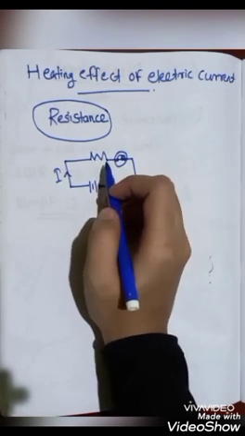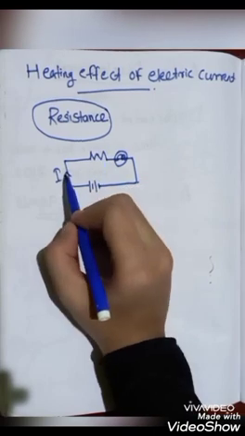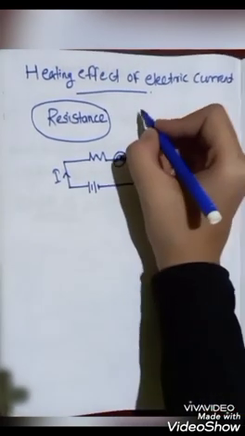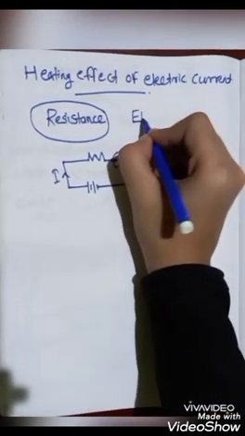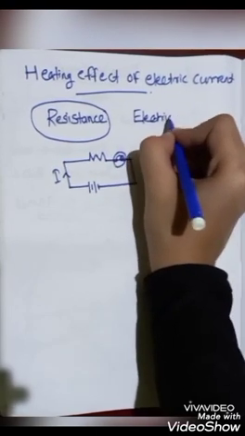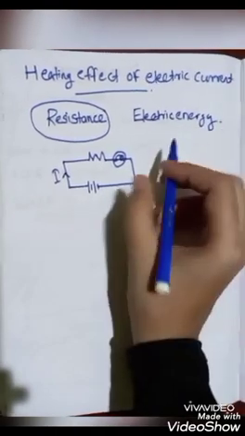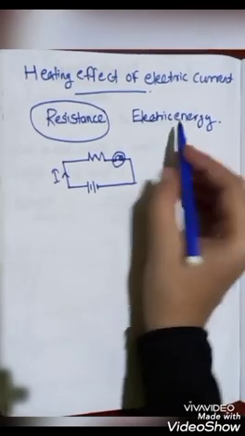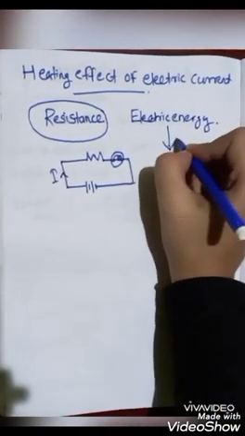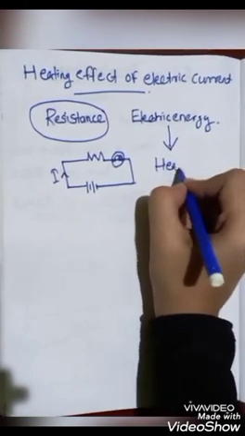How is it blocked? This electrical current is also electrical energy. We can say it is electrical energy. This electrical energy is converted into heat energy.